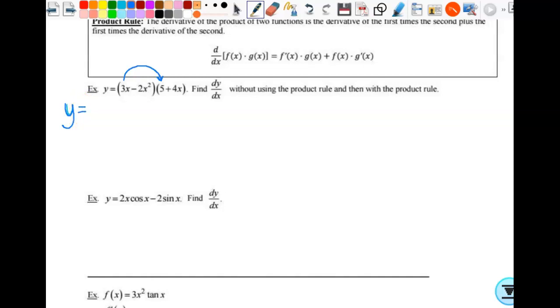So 3x times 5, 15x. Then we have 3x times 4x, 12x squared, negative 2x times 5, so negative 10x squared, and negative 2x squared times 4x, negative 8x cubed.